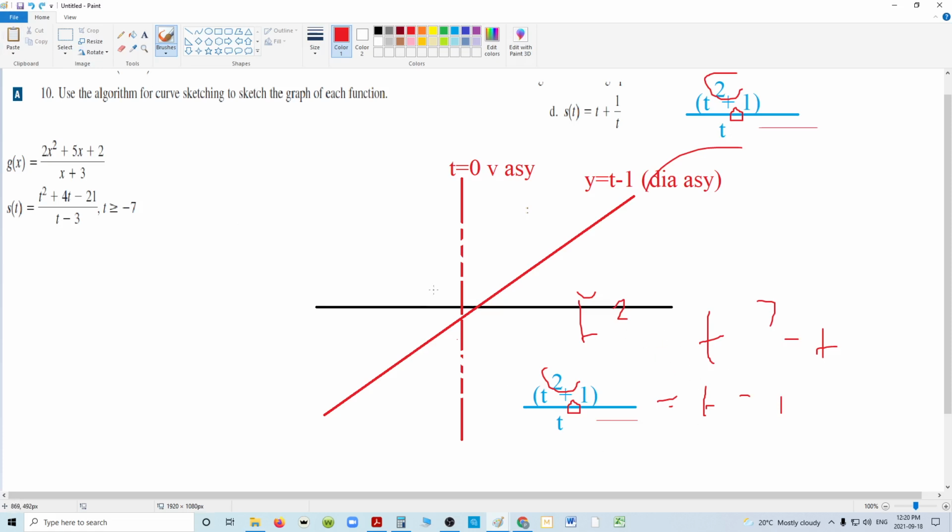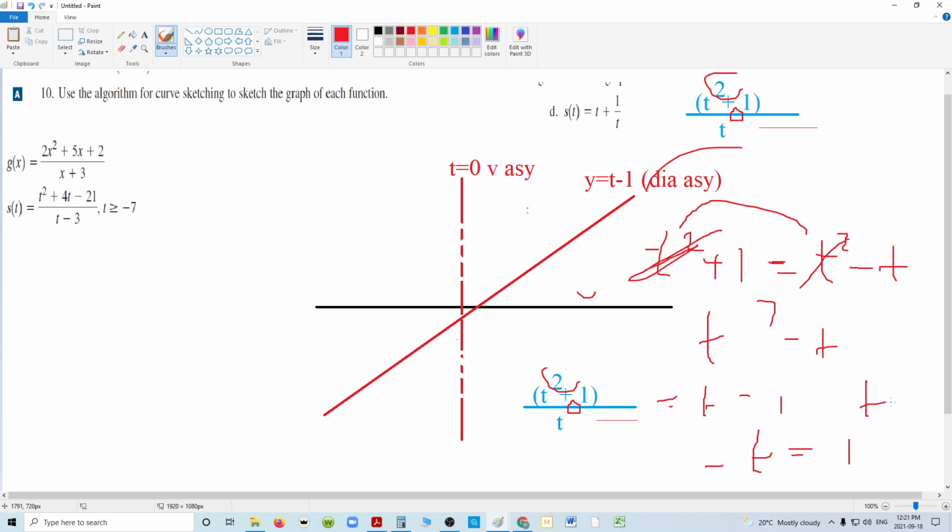So you're left with t squared plus 1 is equal to t squared minus t. You bring the minus t squared to this side, it gets rid of it. You get minus t is equal to 1, or t is equal to minus 1. So that means when t is equal to minus 1, this does indeed cross that line.